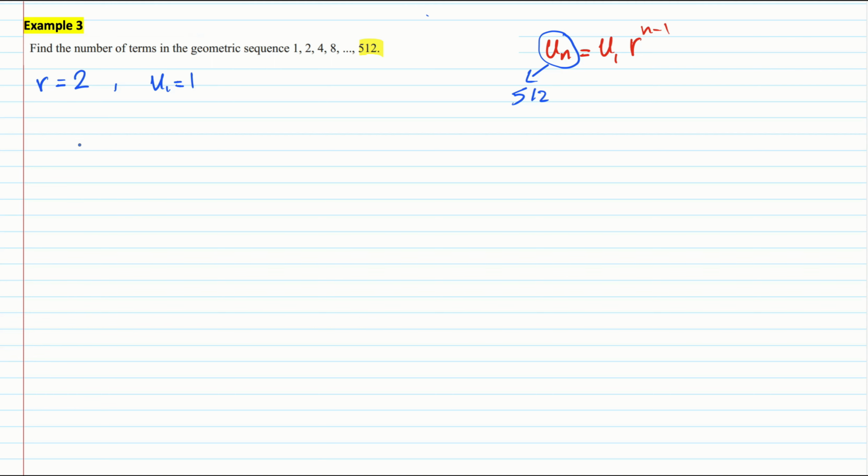Substitute in the rule, so 512 equals 1 multiplied by 2 power n minus 1. 512 is 2 power 9 equals 2 power n minus 1. Now you have base equal base, so power equal power. So n minus 1 equals 9. N equals 10.